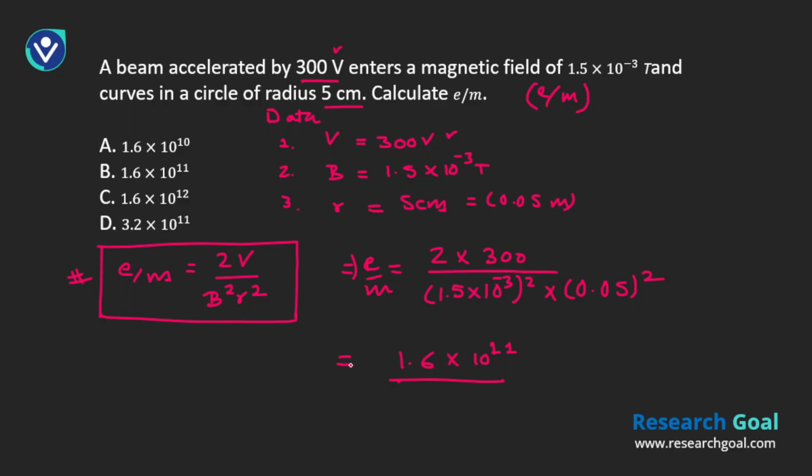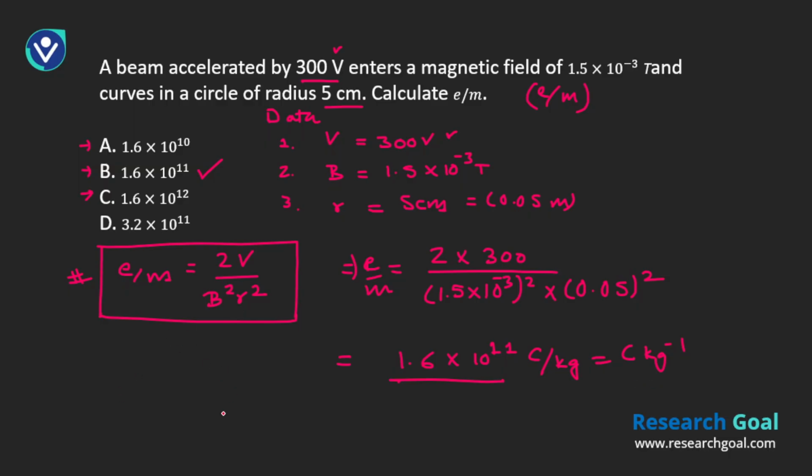Now we look at the options. There are three options, 1.6 with 10 to the power 11, that one is correct. We can also give the unit, which is charge per mass, coulomb per kg, C kg^-1. That is the unit of charge to mass ratio. It's very easy, right?